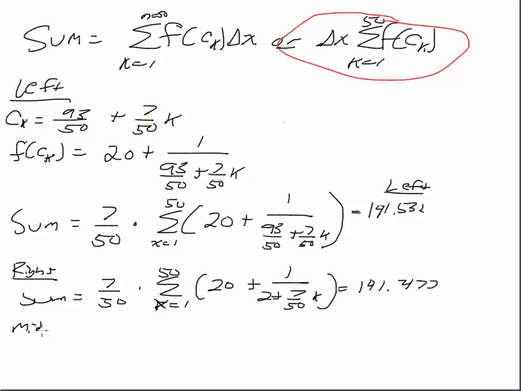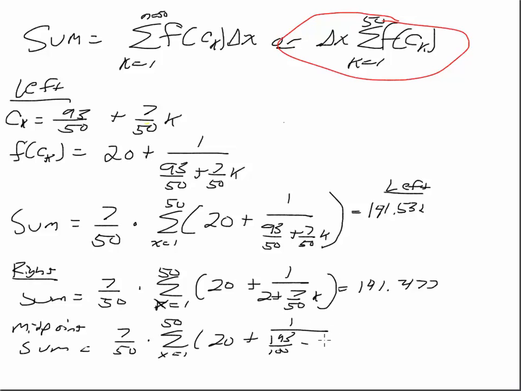And then the midpoint, oh, I apologize for my handwriting. It's getting really bad. The sum is equal to 7/50ths times the sum of x equals 1 to 50 of 20 plus 1 over, now remember the midpoint was 193 over 100, 193 over 100 minus 7/50ths k.